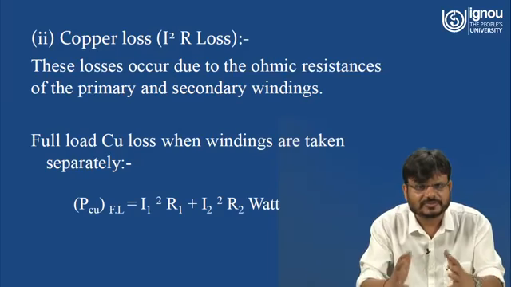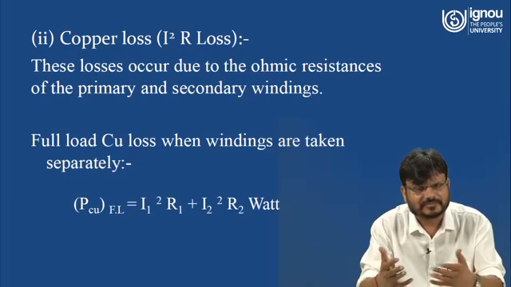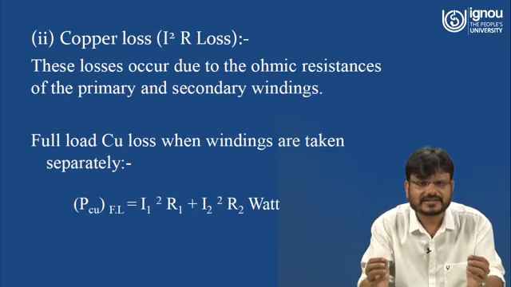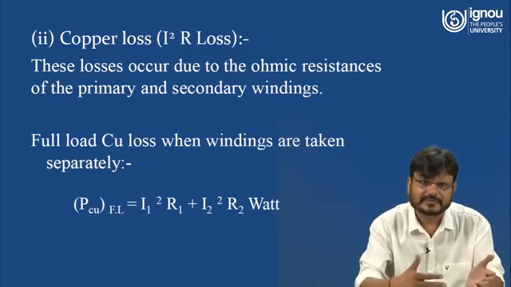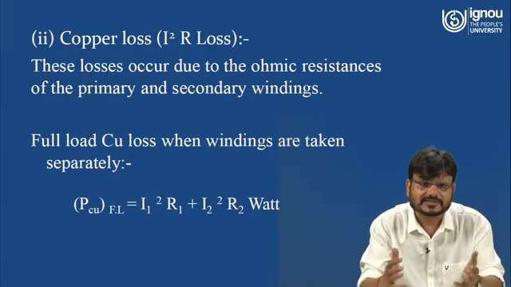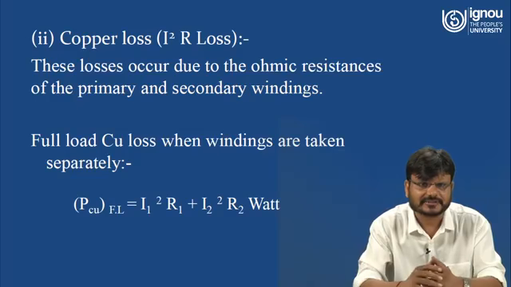So this ohmic loss depends on the primary current or secondary current as well as the resistance of that winding. Because the transformer has primary winding and secondary winding, these losses will occur on both sides.